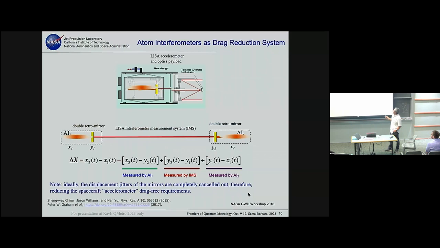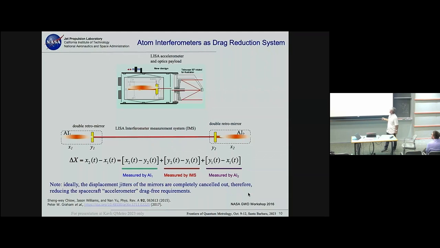Also remember the LISA requirement: you need 1 part in 10 to the 15 meters per second squared per root hertz of self-gradient force reduction, and with large atomic cloud samples sampling the entire interior of a spacecraft, it's very hard to get that kind of control, especially with thermal changes and so on.